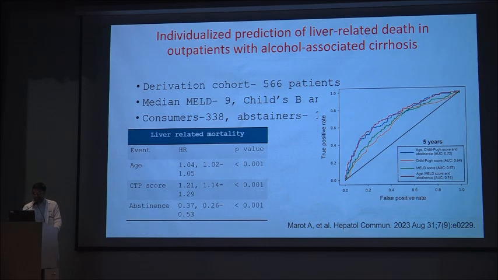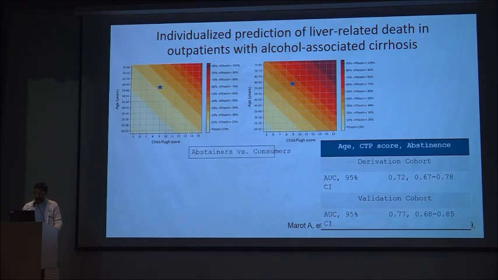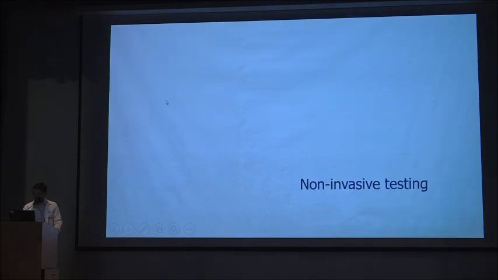And it was found that liver-related mortality was associated with lack of abstinence, advanced CTP, and age. In this nomogram, they clearly showed that for the same CTP level and same age, the risk of death is nearly 2 times in patients who consume alcohol, that is around 20% if we see this dark orange line, compared to this yellow line, which is around 10%.